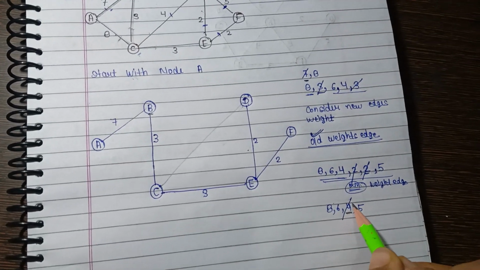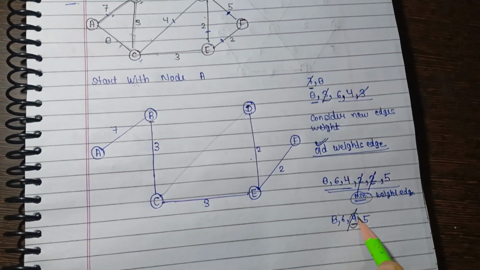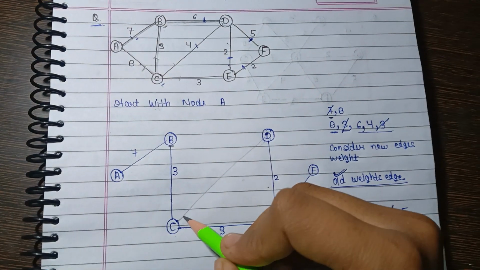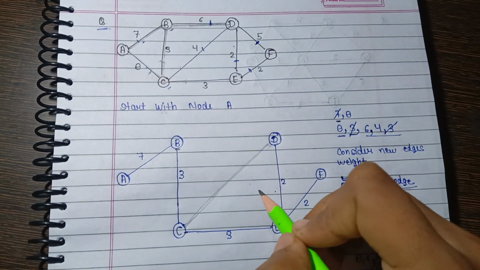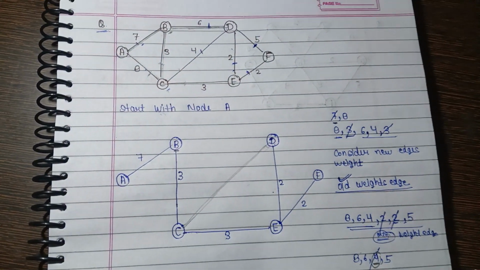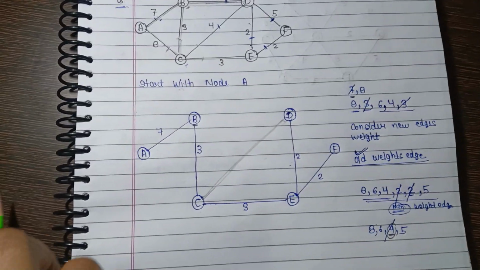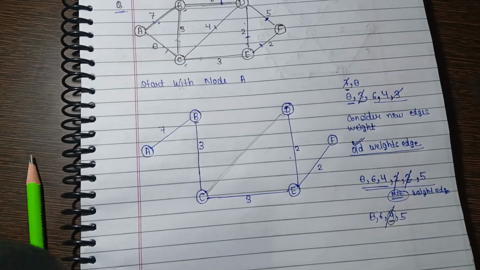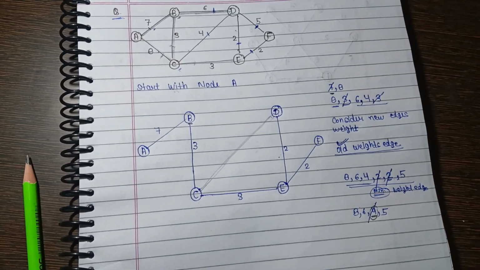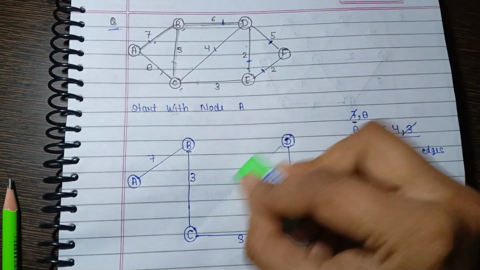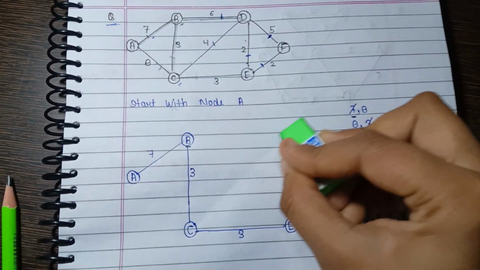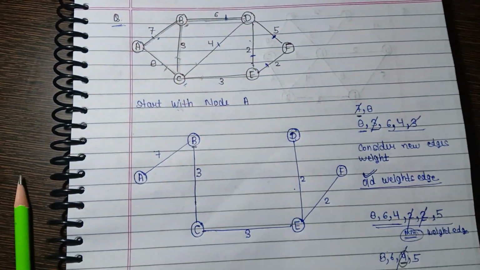Even though this is the minimum weight edge, we are still not going to add this into our MST because it forms a cycle. And as we discussed, a spanning tree does not contain any cycle. Okay, remember this point.